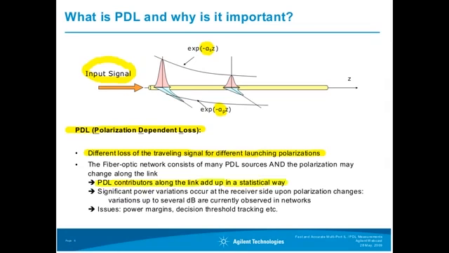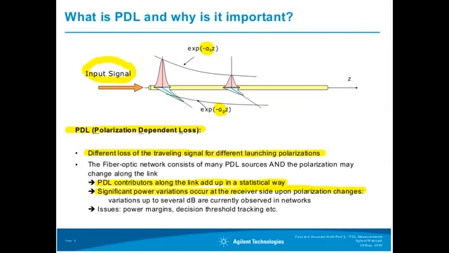That means some of them may really add up, and some of them may cancel out. And this means that at the receiver side, you have to expect significant power variations upon polarization changes.